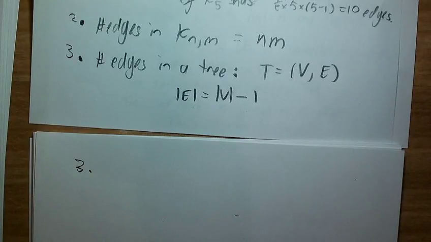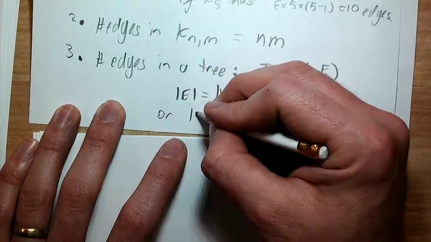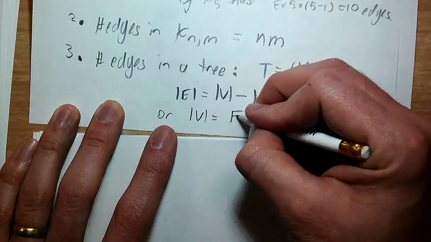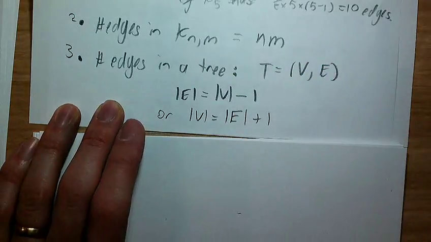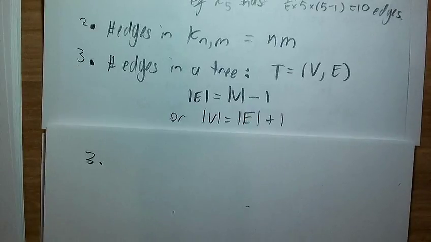That implies that I started with the vertices and then created the edges from there. But I could just as easily rewrite it like this, and in that case, I could start with the edges and find the vertices from there. Which is how the proof in your notes goes.